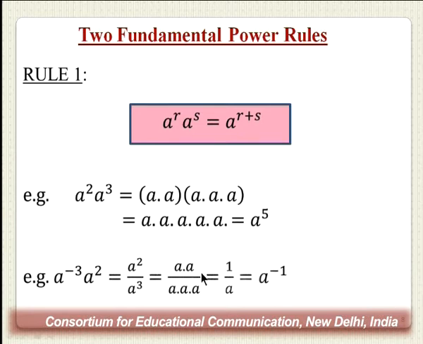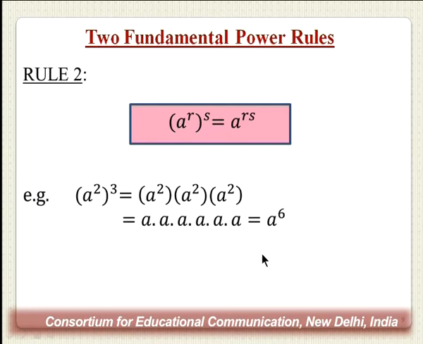So this then becomes a times a divided by a multiplied by itself 3 times. 2 of the a's will get cancelled in both the numerator and the denominator, and we get 1 divided by a, which is a to the power minus 1. And you can see here clearly that this conforms to our r plus s. r here is minus 3 and s is 2. So r plus s is minus 1. So clearly the rule works.